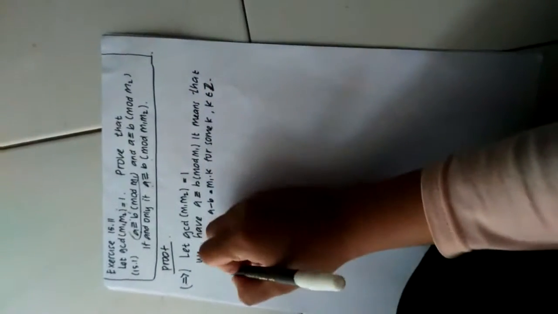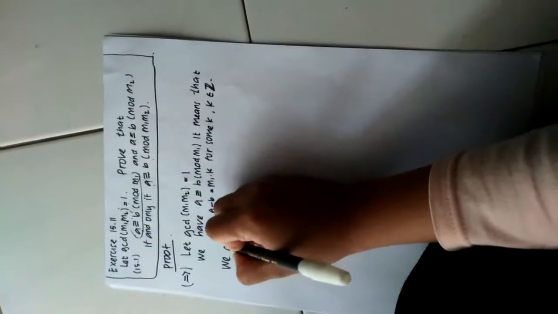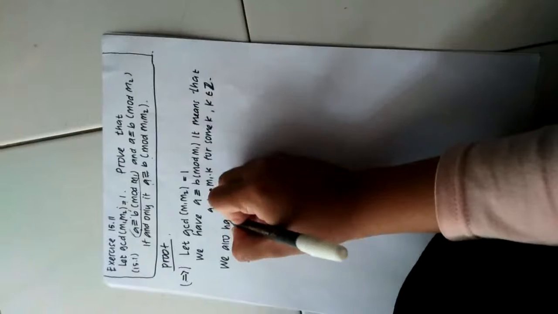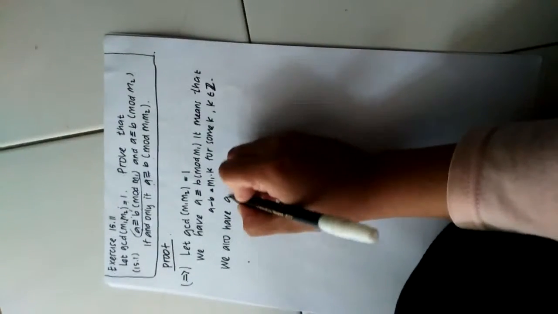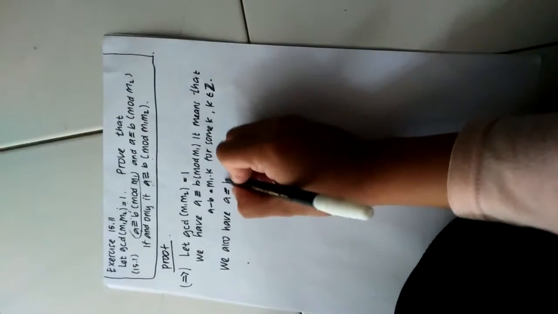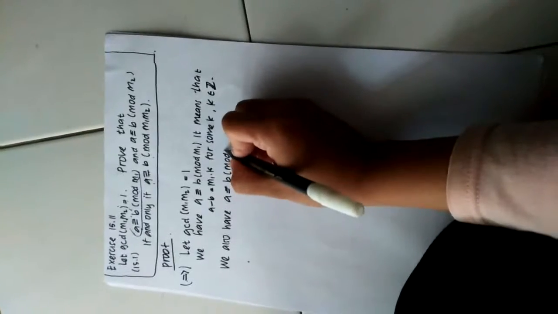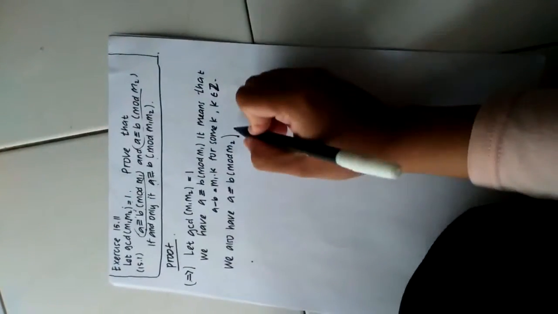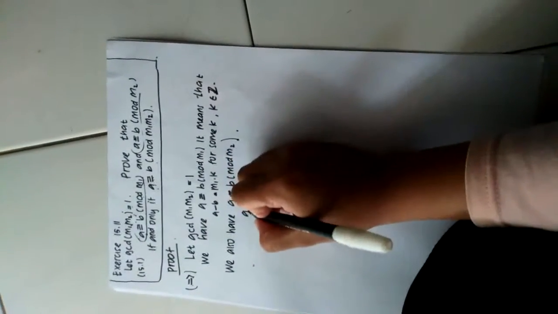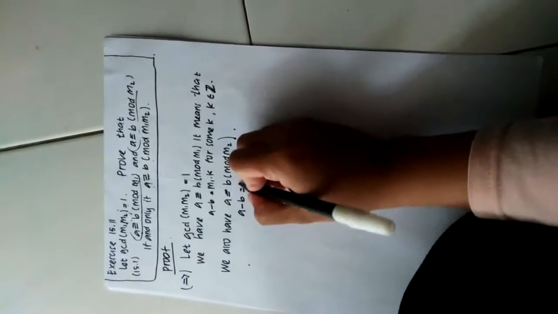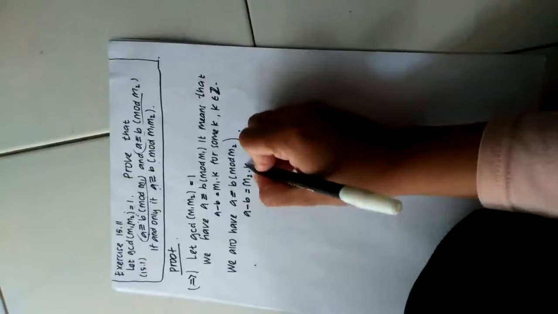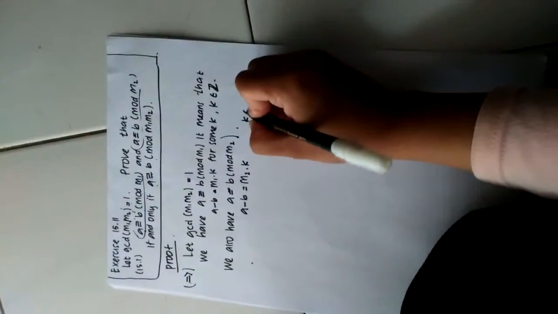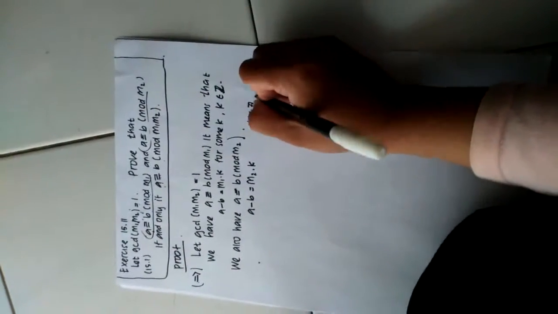And then we also have a ≡ b mod m2. So we have a − b = m2 times k, and k in integers.